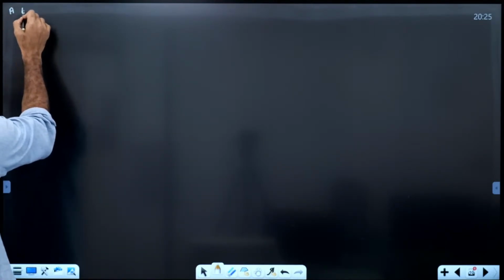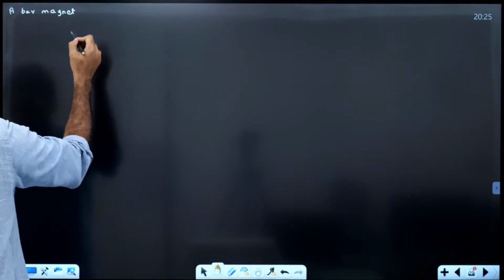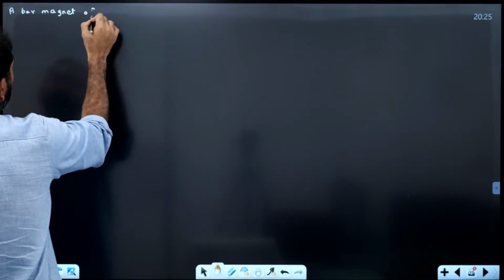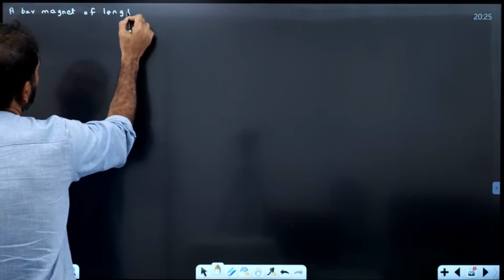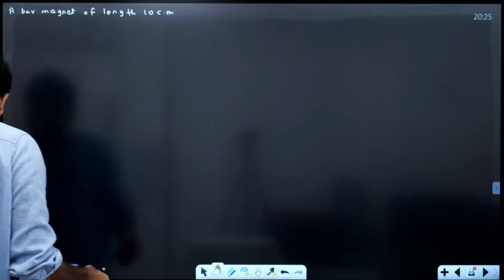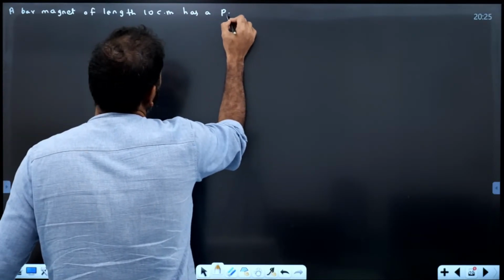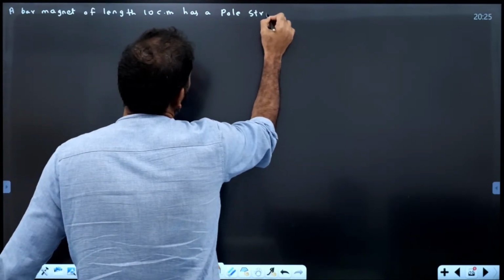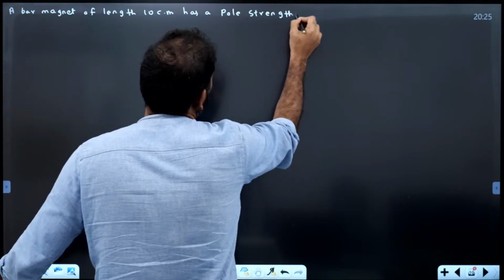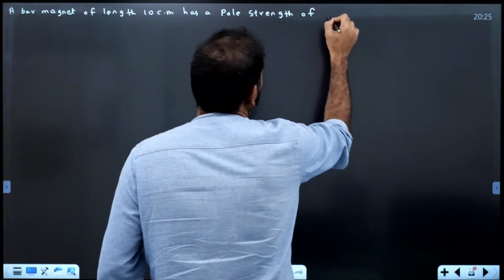A bar magnet of length 10 centimeter has a pole strength of 10 ampere meter.